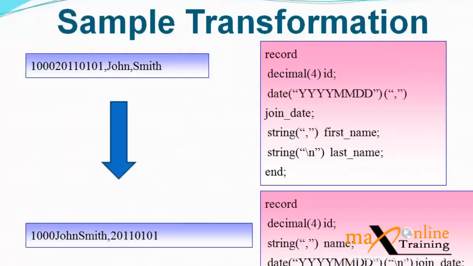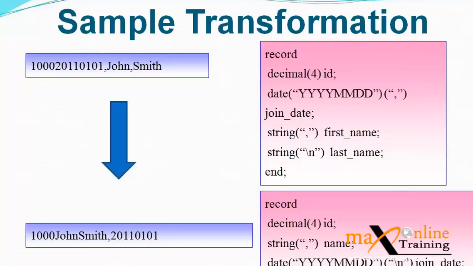So see a sample transformation. We have an input data with this particular record format and I want the data to be transformed into this type using this data type. You can see a simple transformation logic applied in the data.